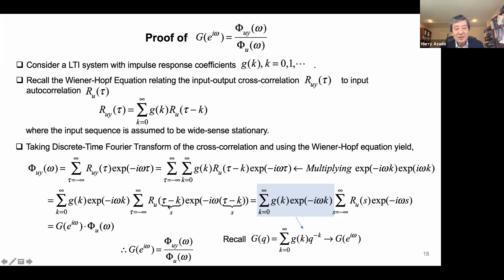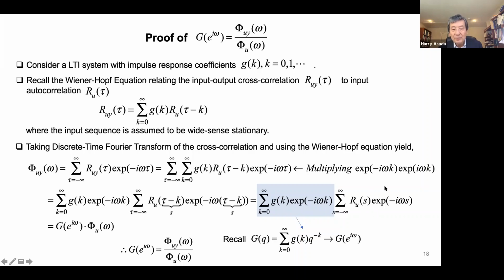So if you replace tau minus k by s, this part becomes R_u(s) exponential minus i omega s. So what is this? This is basically a Fourier transform of R_u. R_u is the input autocorrelation, and the autocorrelation's Fourier transform is basically the power spectrum.